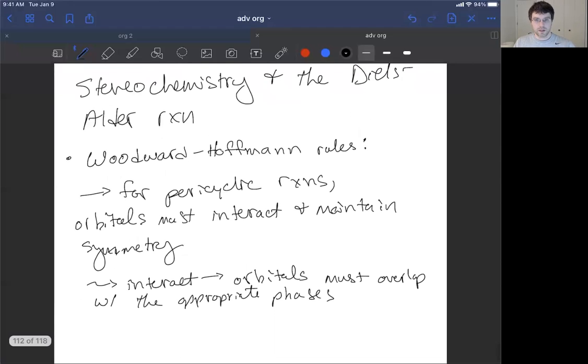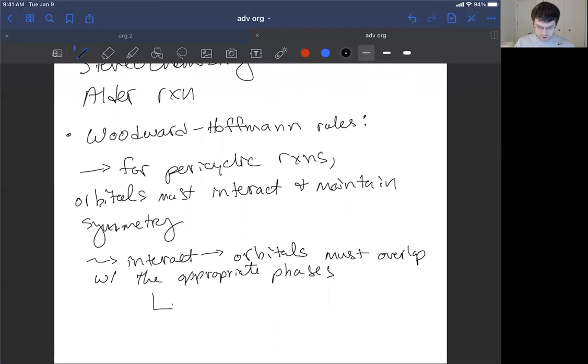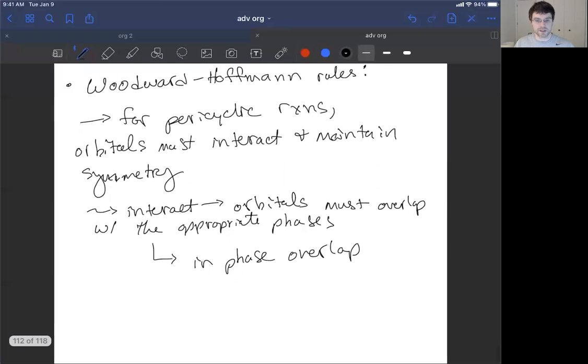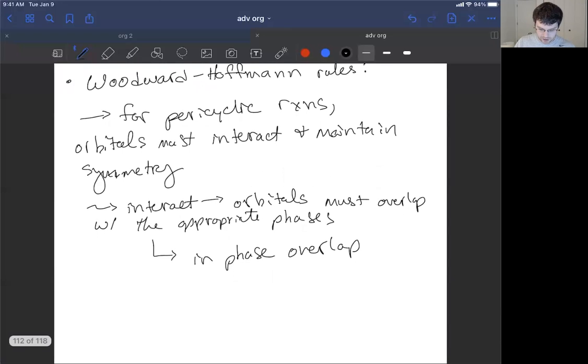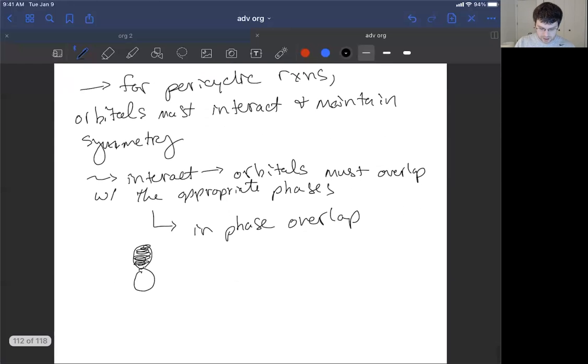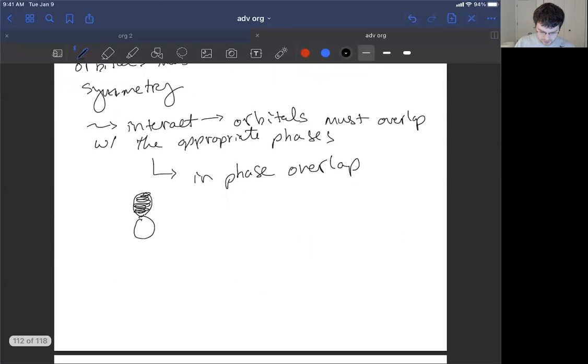Okay, and so sometimes this is called in-phase overlap. What I'm referring to is when we have orbital overlap that's like head-to-head. What we had talked about a lot in this unit within organic chemistry 2 is that if you've got two pi orbitals, you want these to interact so that we have either white on white interaction or dark on dark interaction.